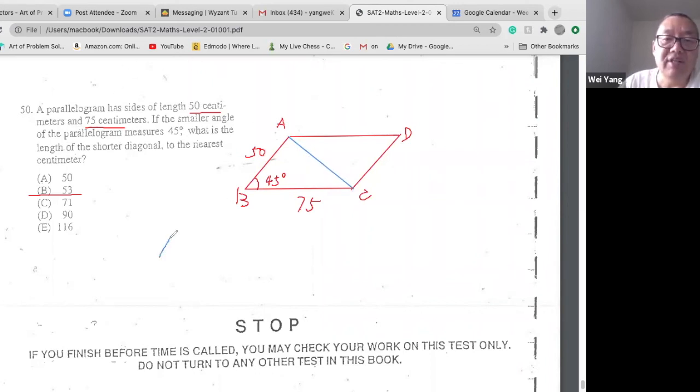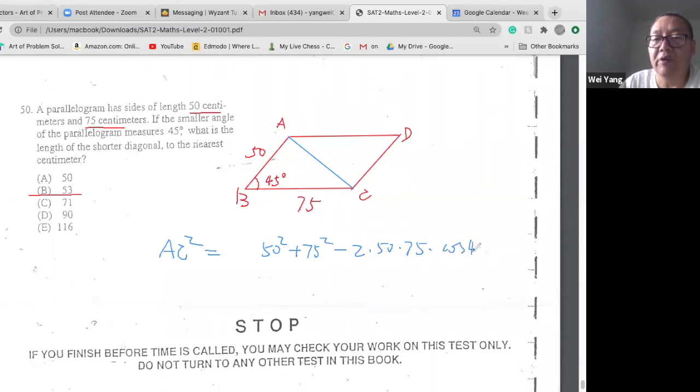So this one is very easy. Just use the cosine formula. That's 50 squared plus 75 squared minus 2 times 50 times 75 times cosine 45 degrees. So now you just calculate this. Now let's see if that's correct.